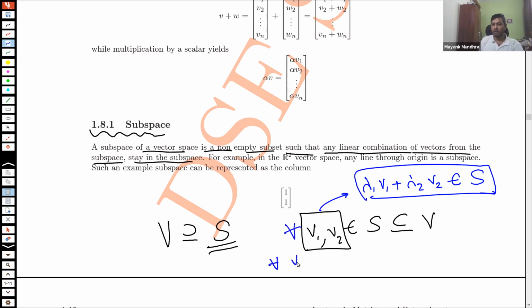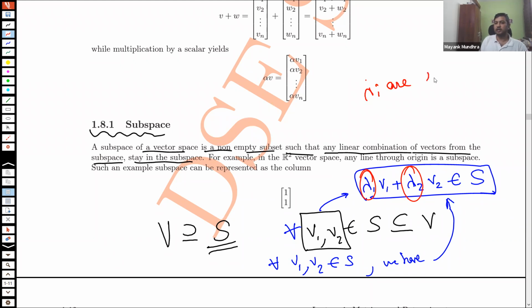So for all vectors v1 and v2 which belong to some subspace S, we have this property that lambda 1 times v1 plus lambda 2 times v2 must belong to S. It is necessary to understand that these lambdas are scalars. Scalar means a real number, positive or negative, but a fixed quantity.